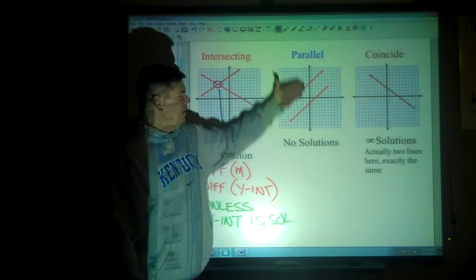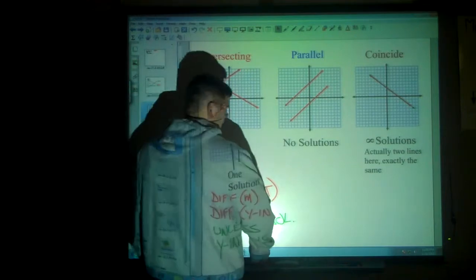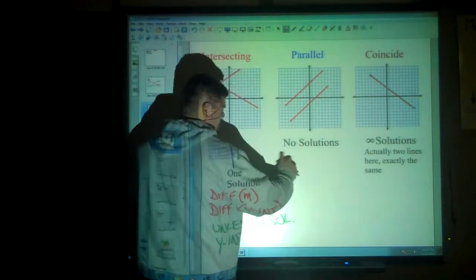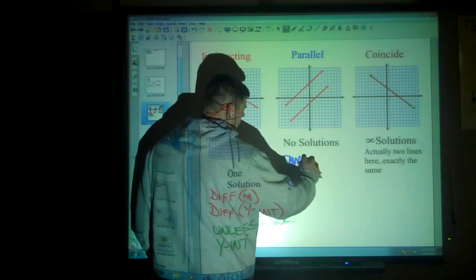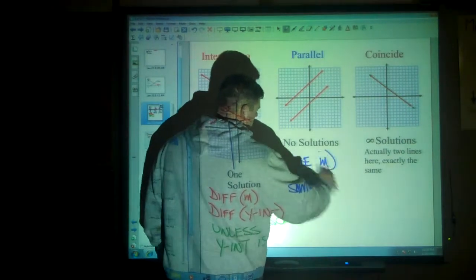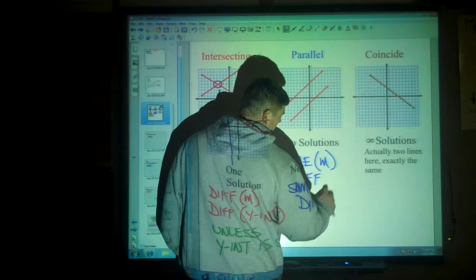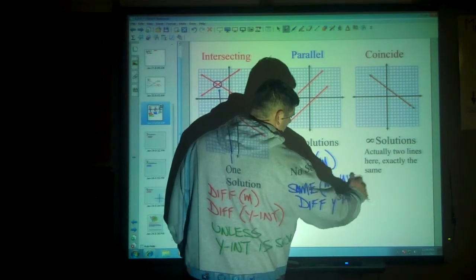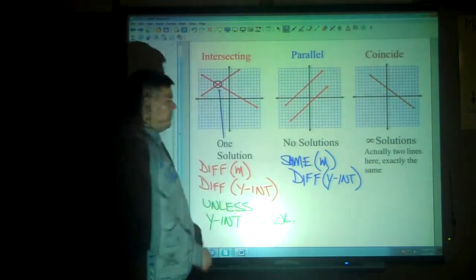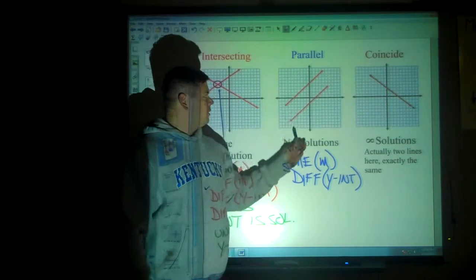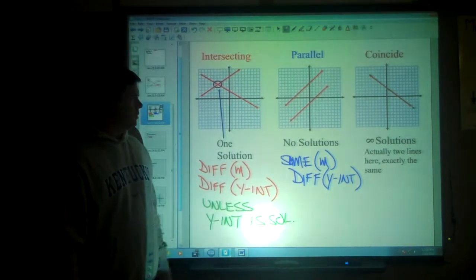Then over here for parallel, they are going to have the same slope but different y-intercepts. The reason they have the same slope is because that is what makes them parallel. They have to be the same slope to be parallel.